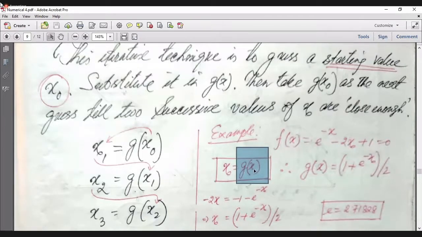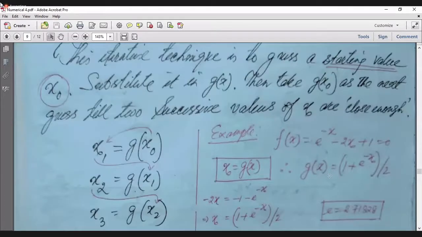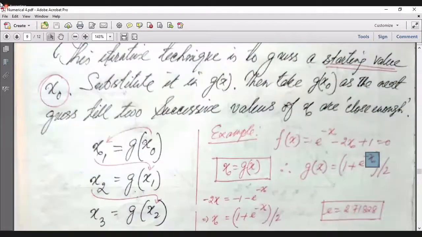You choose the starting point value and substitute it here. Then we get the new value of g of x, which we assign to x1. Then again using the value of x1, you substitute into g of x and calculate a new value.